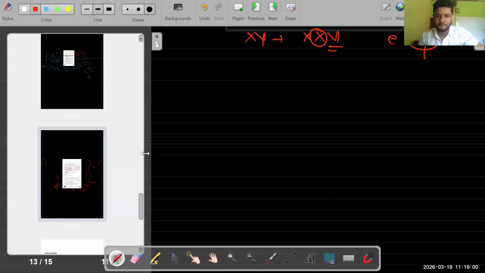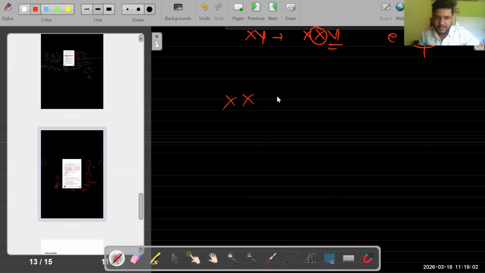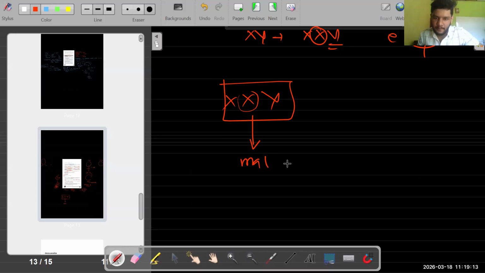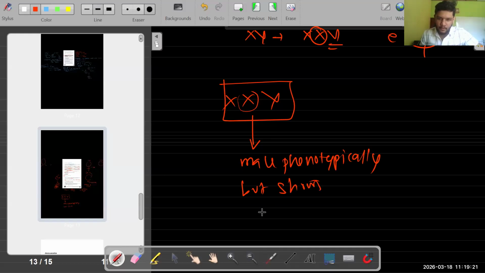This is the same. Now see, let me explain this in this manner. XXY, this one is inactivated. As this is inactivated, he will be male phenotypically, but shows a few female characteristics, right?